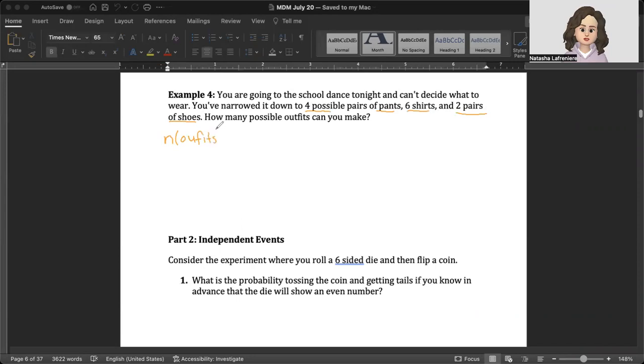So the number of outfits is equal to the number of pants times the number of shirts times the number of shoes. Okay, so it's relatively easy in my opinion. So we've got 4 pairs of pants, 6 shirts, and 2 pairs of shoes, and that gives you a whopping 48.